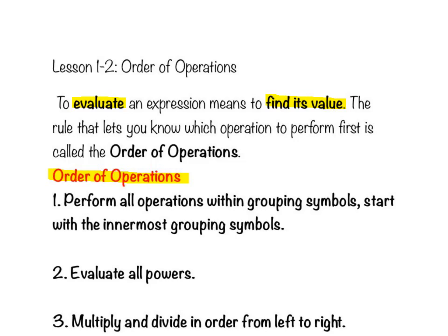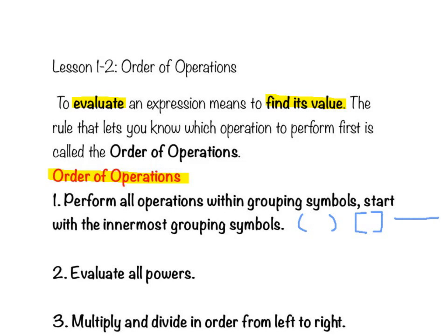The first type of operation that you will do is perform all operations within grouping symbols. Start with the innermost grouping symbols first. What are grouping symbols? There's the parentheses, brackets, and the division bar.